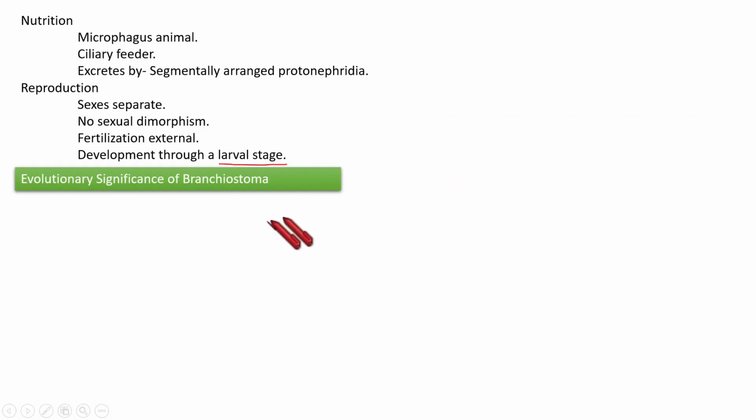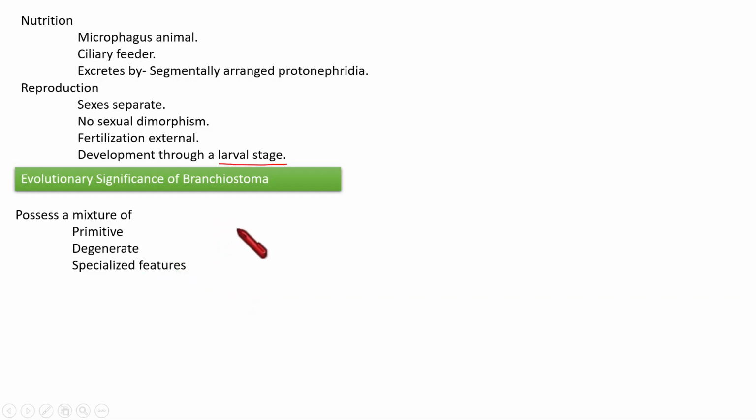Then it is important with regard to its evolution, so we need to learn about those aspects also. Evolutionary significance of Branchiostoma. Why is it evolutionarily significant? Because it possesses a mixture of primitive, degenerate, and specialized features. So it's a special organism.